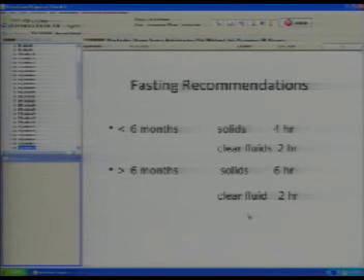Normally, the fasting starts 6 hours before surgery in older children for solids, and 4 hours for those less than 6 months.